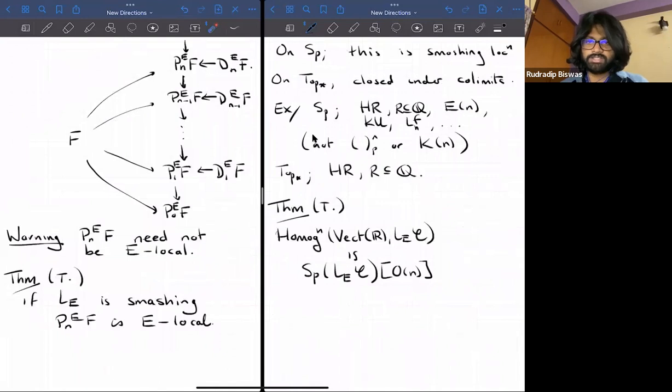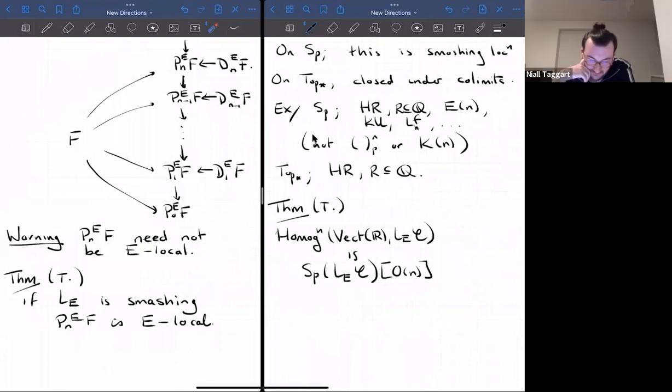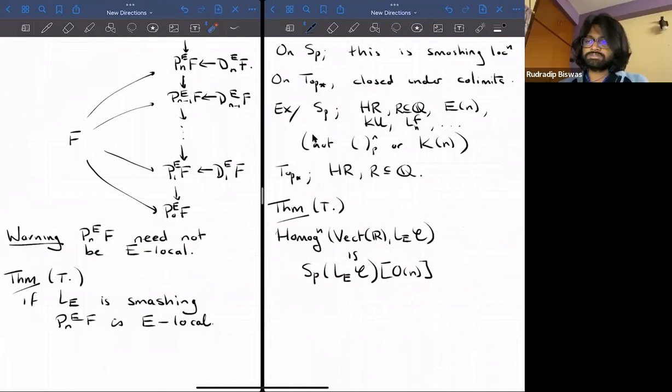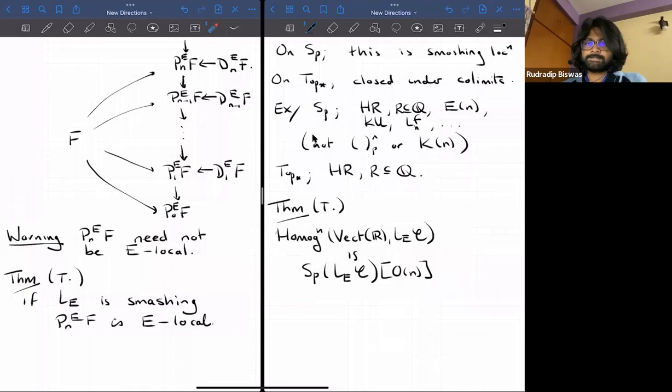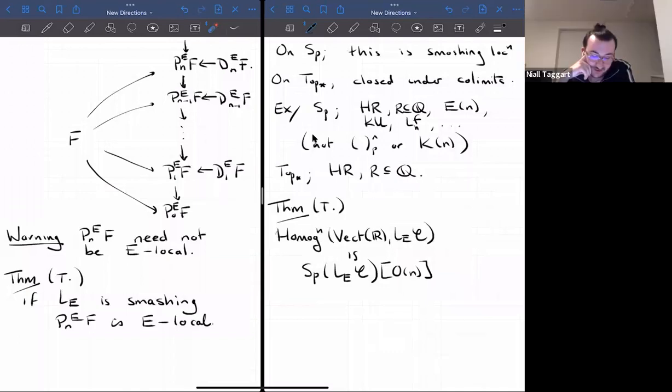Are there lots of examples known where this P_n E is E-local and L_E is not smashing, or is that a silly question? I think it's going to be necessary, just by the construction. I mean, this P_n E is a big colimit. Yeah, I saw that. I think it is necessary.